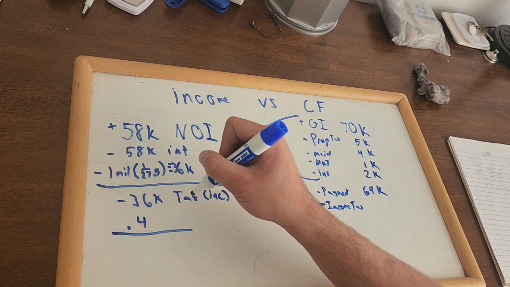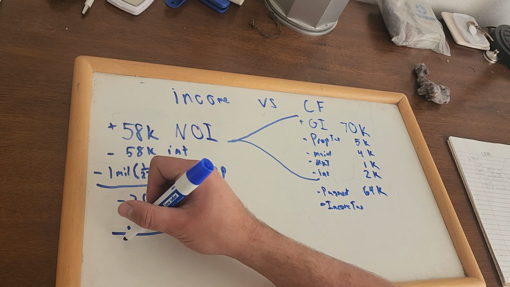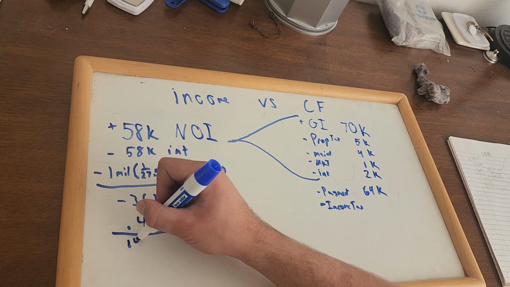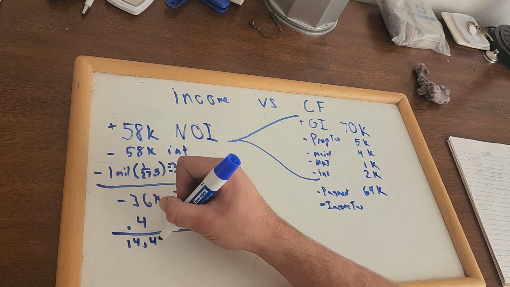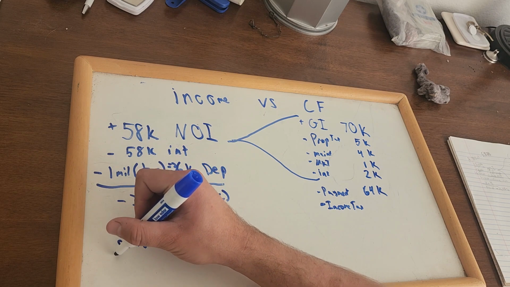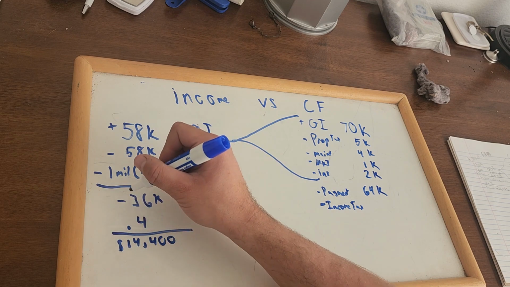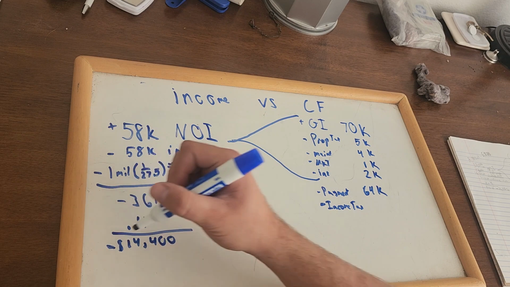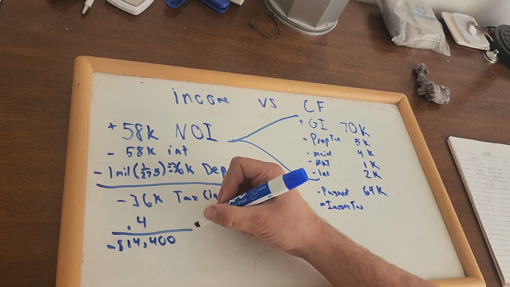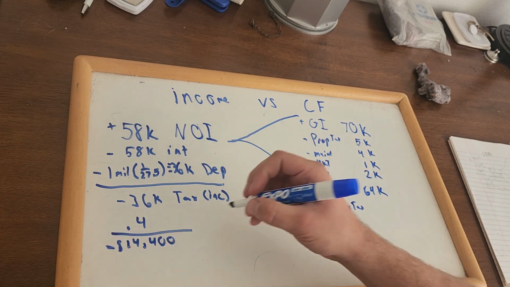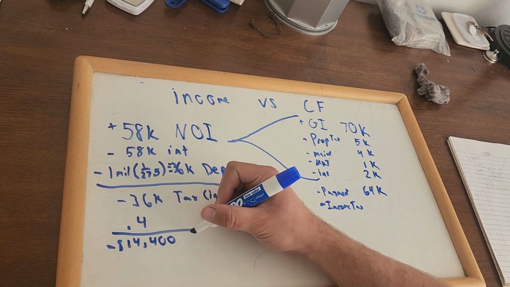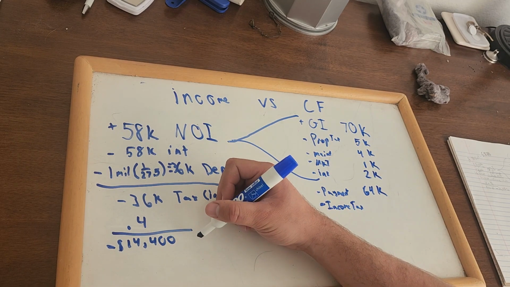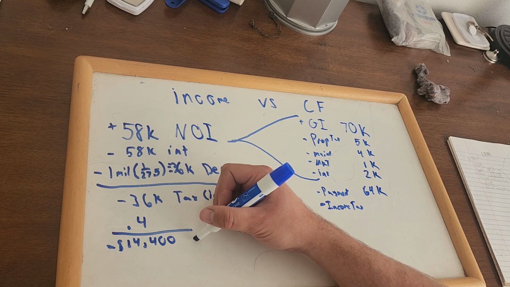We multiply that together. 36 times 0.4, we get $14,400. And it's the negative number because this is a tax credit that we're receiving for losing money on our real estate. So at the end of the day, this is our income tax credit.